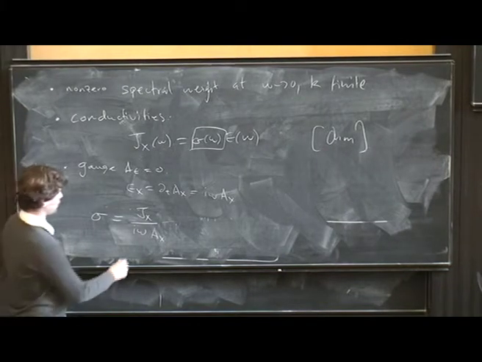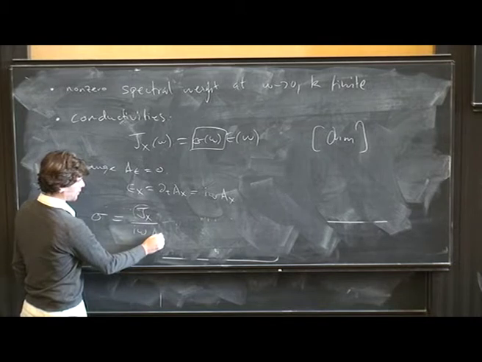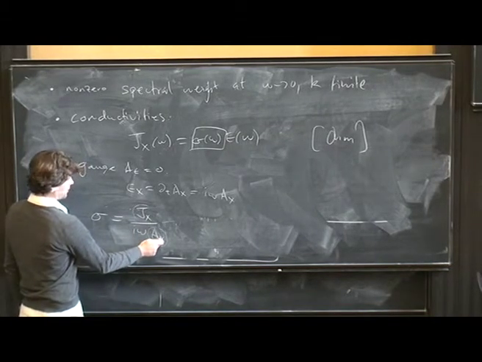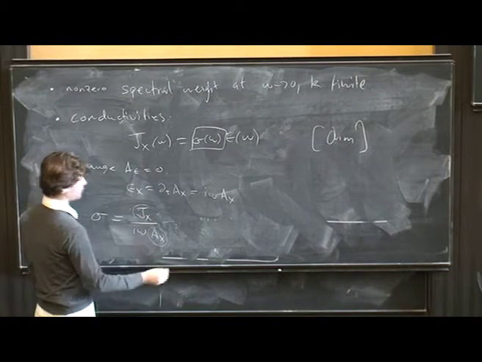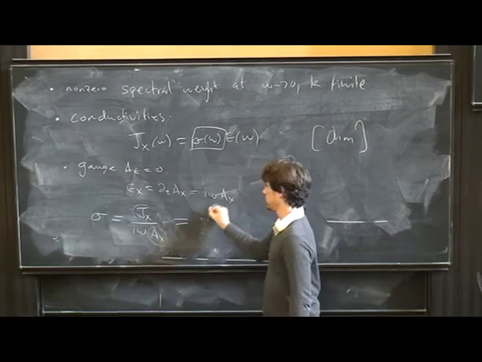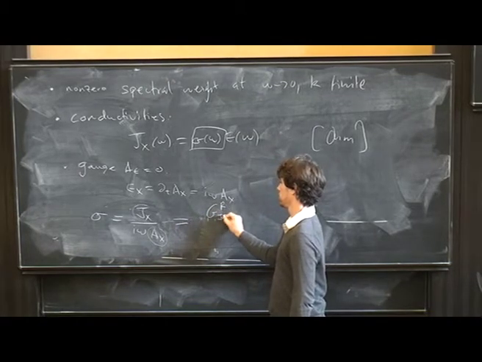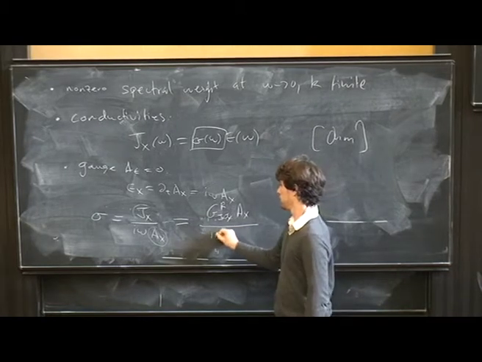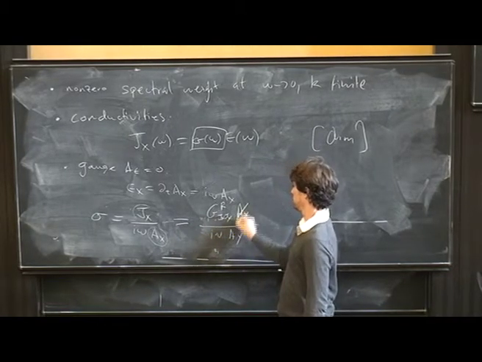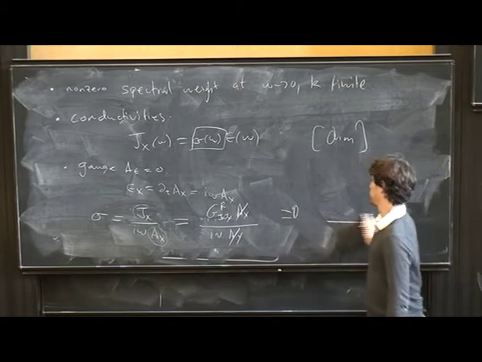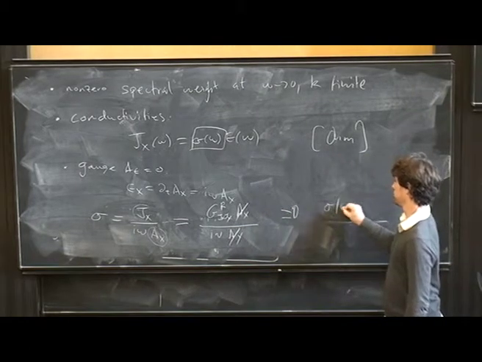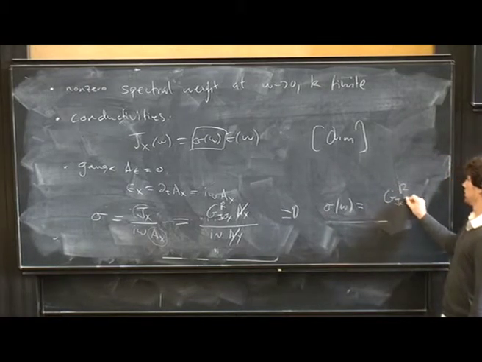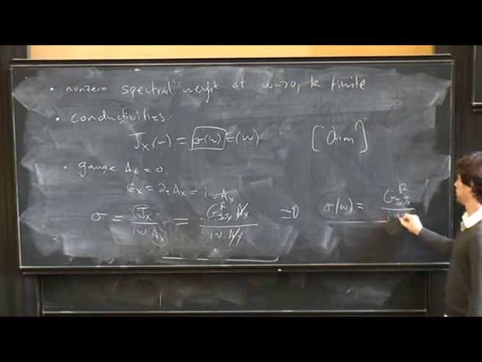Right. But we know that the vector potential is a source for the current, so J is the retarded Green's function of the current times A, by the definition that we gave this morning. So the A's cancel, and so the upshot is that the conductivity as a function of frequency is the retarded Green's function of the current operator divided by omega.